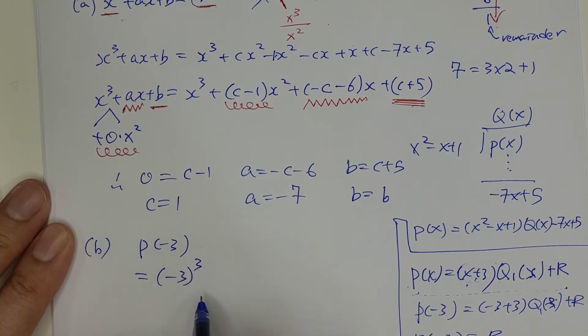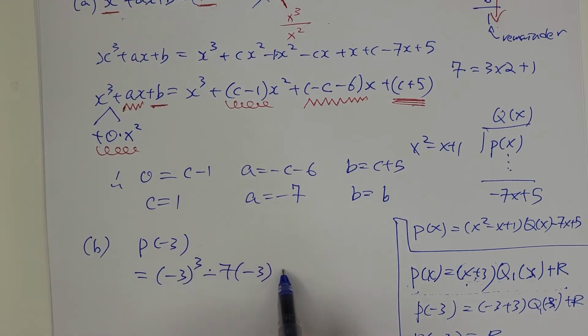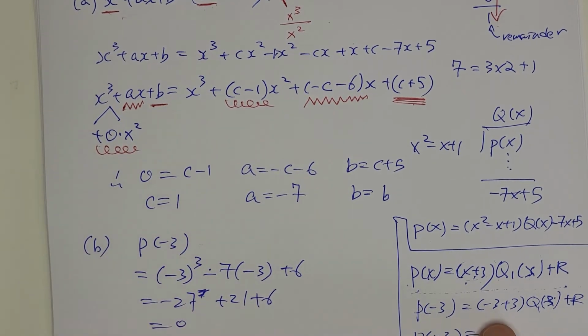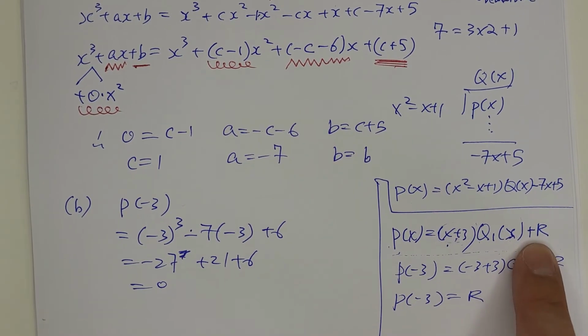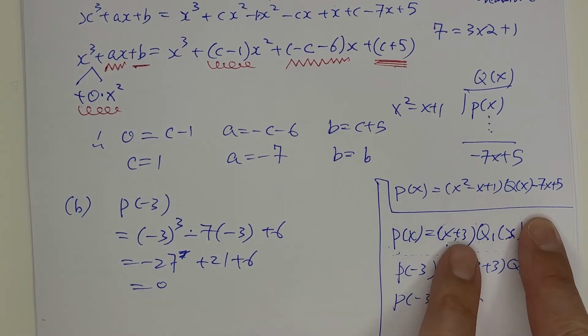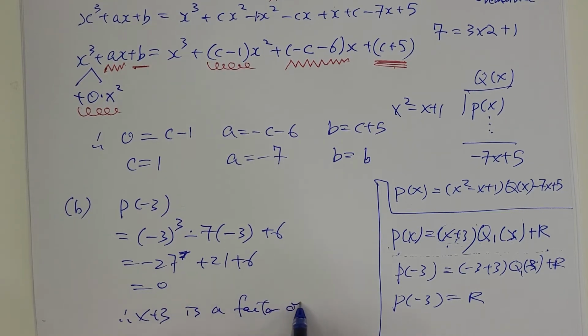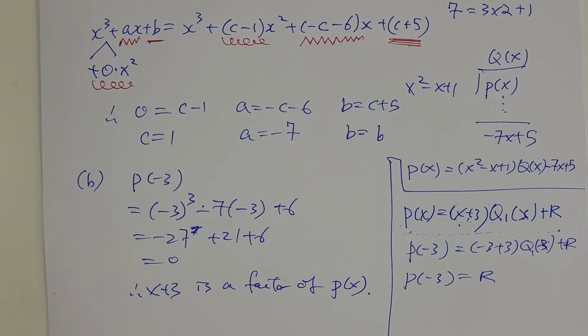Negative 3 to the power 3 minus 7 times negative 3 plus 6. That's negative 27 plus 21 plus 6. Luckily that is 0. That means the remainder is 0 here. Going back to the original statement, R equals 0. So x plus 3 is a factor of P(x). So let's finish part B.